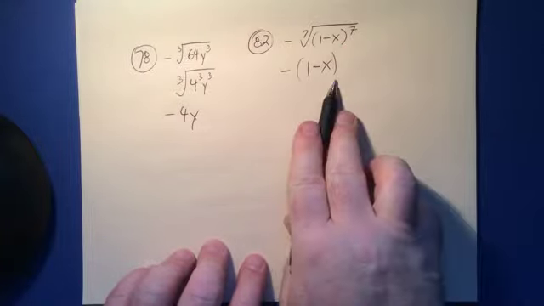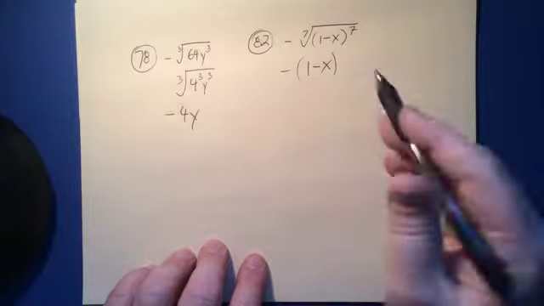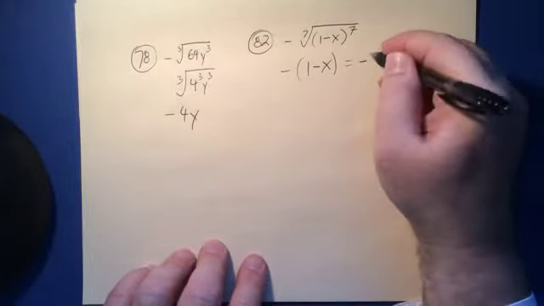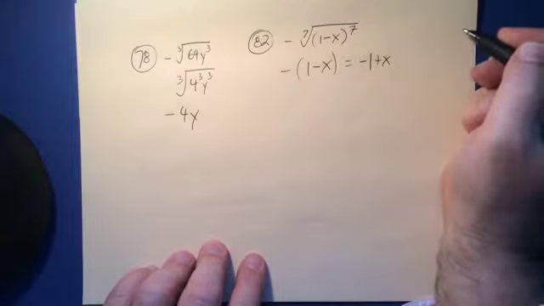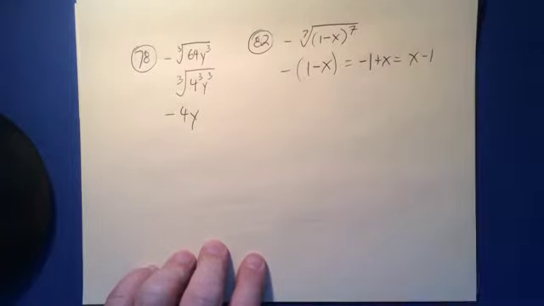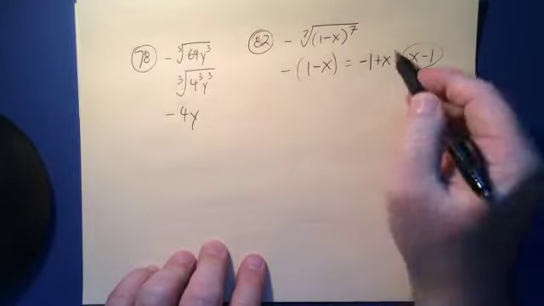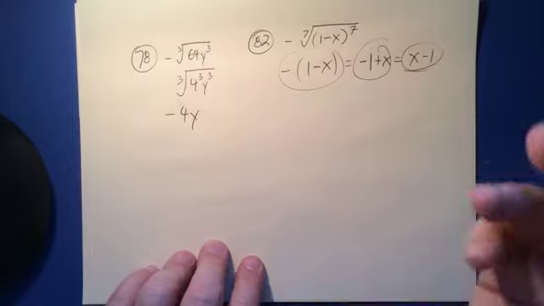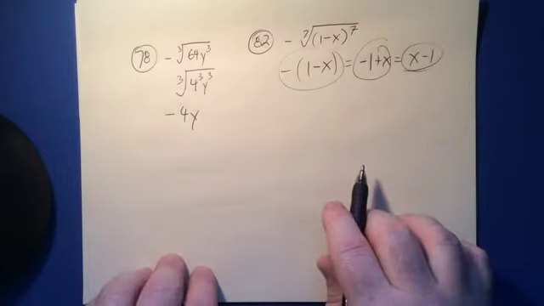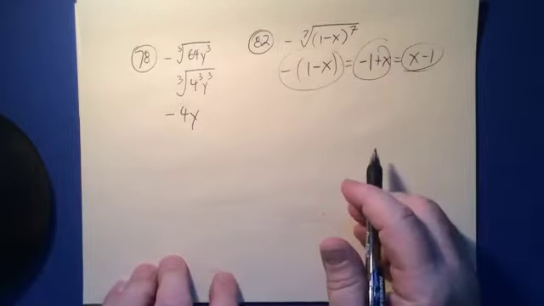If I have a negative on the outside, one way I could write it is like this. Another way, if we distribute the negative through, would be to write this as negative 1 plus x, or to just simply write it as x minus 1 by turning the x and the 1 around. So you may be asked to express it in this form. This form may be acceptable. This form may be fine too. It just depends on what you may see on a test or what you may be asked to do.